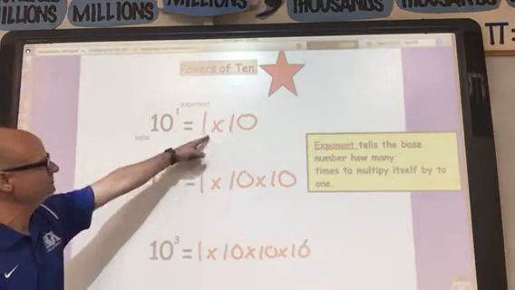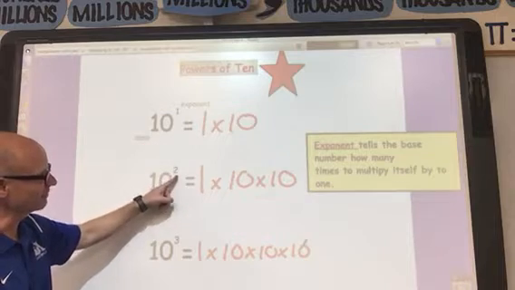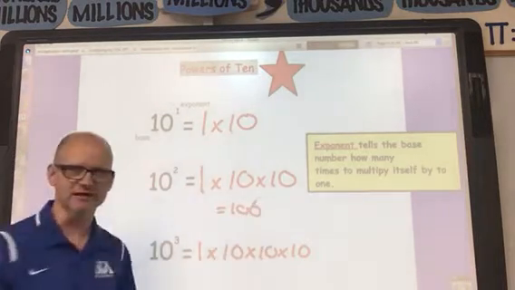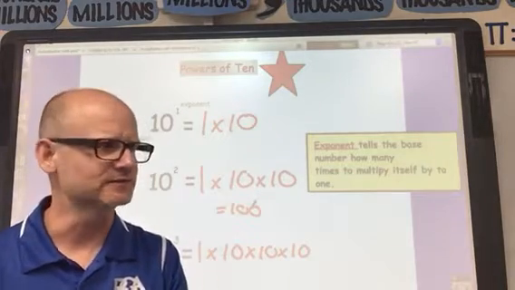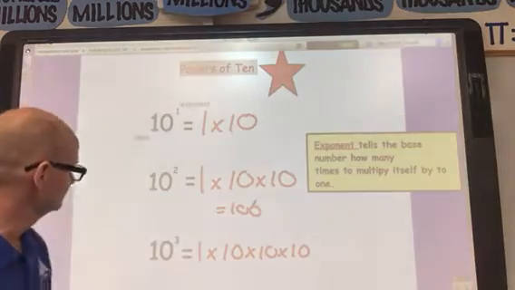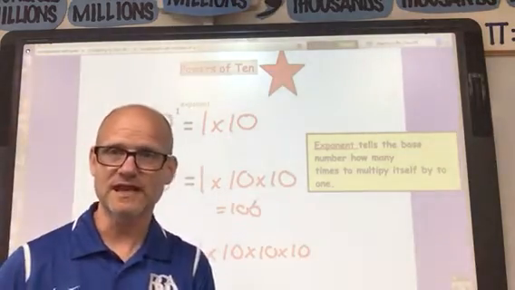So 10 to the first power is really just 10. 10 to the second power is 100, because 1 times 10 times 10 is 100. And 10 to the third power means 1 times 10 times 10 times 10.